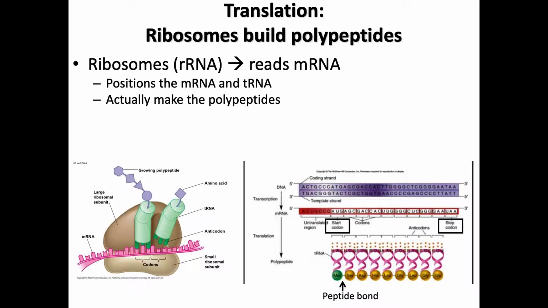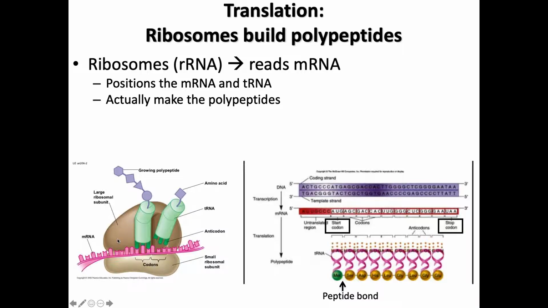Your next important player in the translation process is the ribosome. So your ribosomes, or your rRNA, ribosomal RNA, sorry, has a very, very important job. It is the one that actually reads the mRNA. It will be the one to read all the codons. So let's start from the beginning.